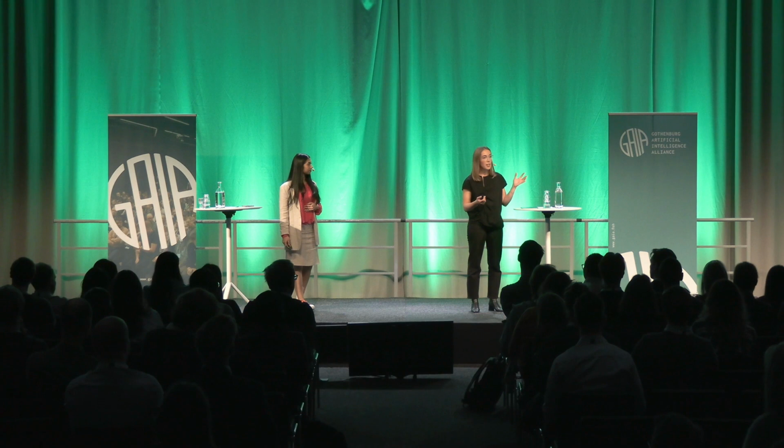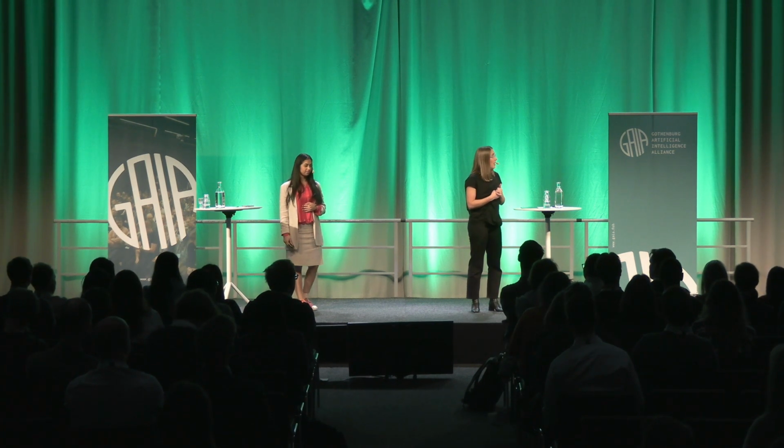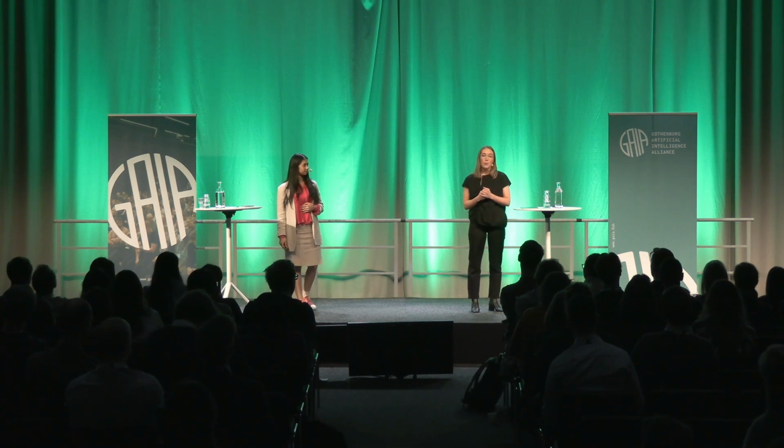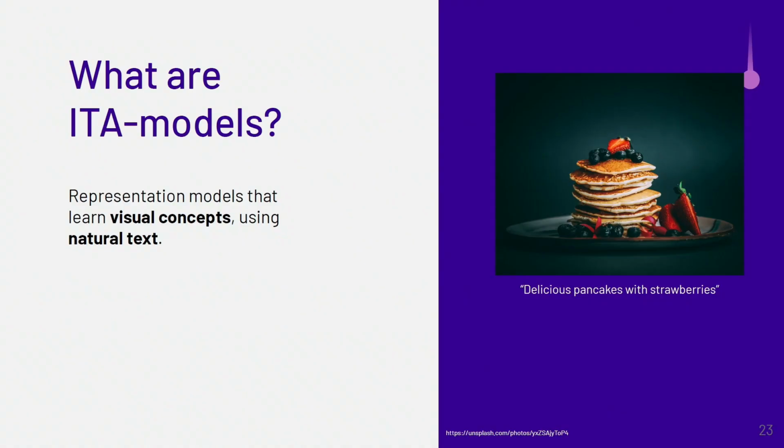So to understand how this works, we'll explain a bit more about ITA models, since many of you here might be unfamiliar with them. ITA models are a group of representation models that learn about visual concepts using natural text.